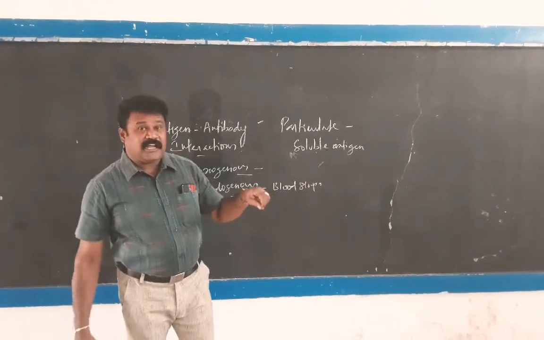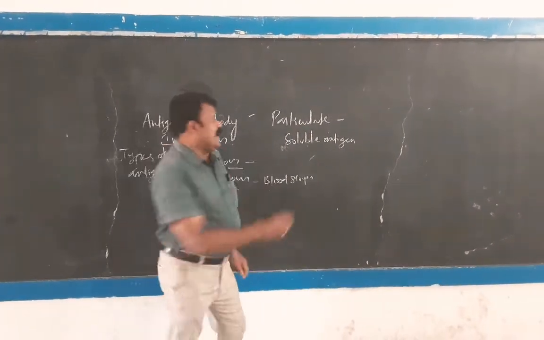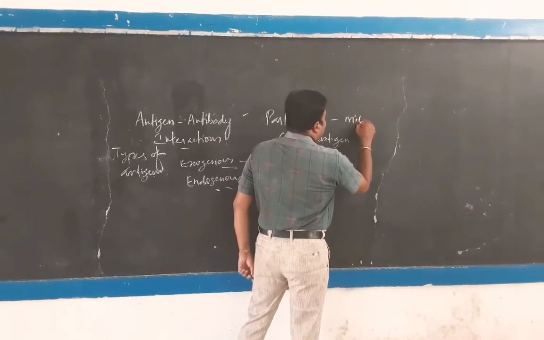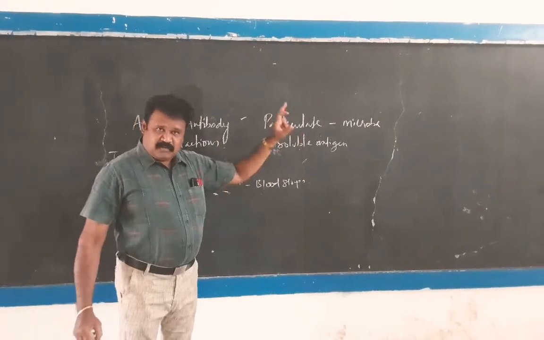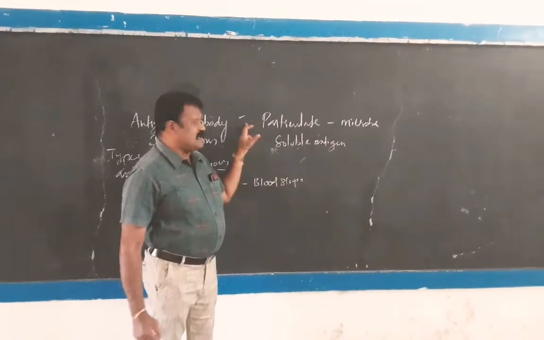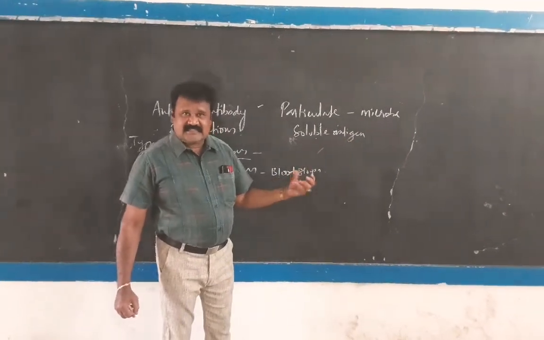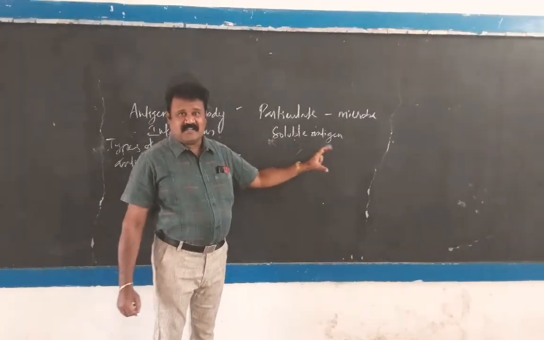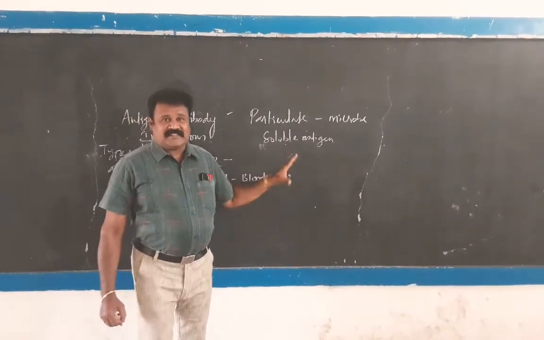If the foreign particle that enters from outside and causes disease is a microorganism, it is called a particulate antigen. I hope you are able to distinguish. Both are antigens. If the antigen is a microorganism, it is called a particulate antigen. If the antigen is a substance, it is called a soluble antigen. This is the major difference between particulate and soluble antigens.